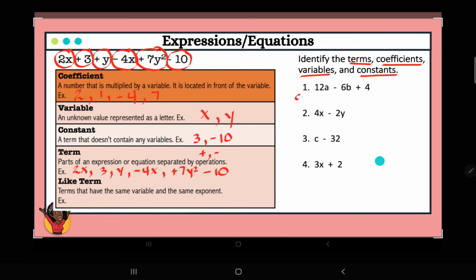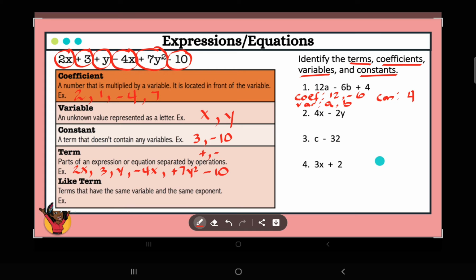My coefficients are 12 and negative 6. Both of those are attached by multiplication to a variable. My variables in this case are a and b, and my constant is the number 4. It's the only value that does not include a variable.